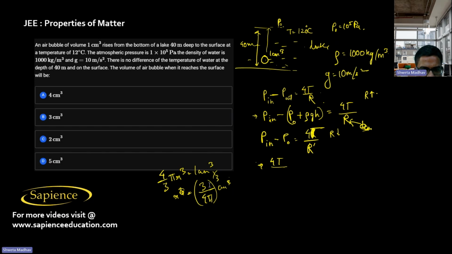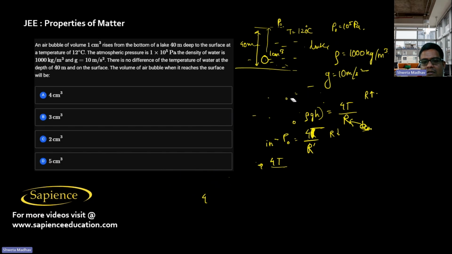So the temperature remains constant. Here we have to use the concept that pressure into volume is constant, since the temperature is remaining unchanged.